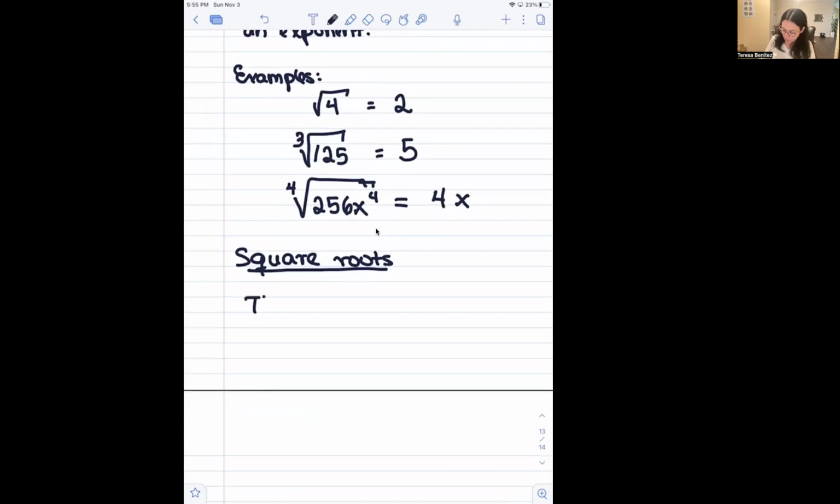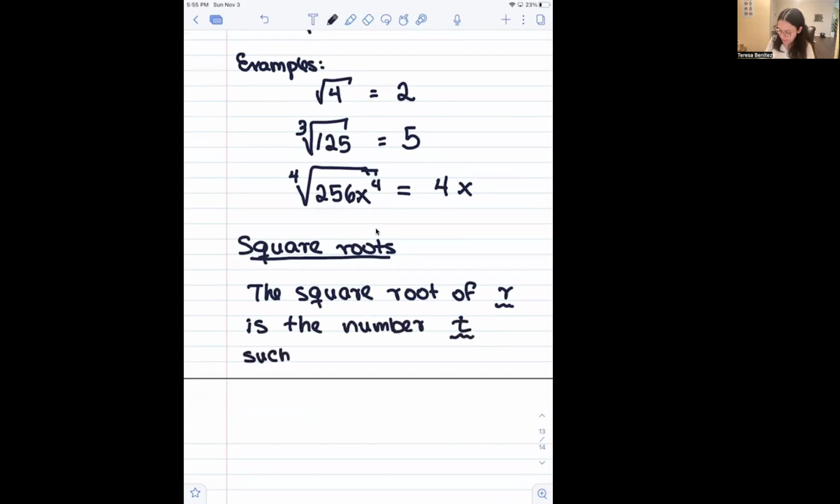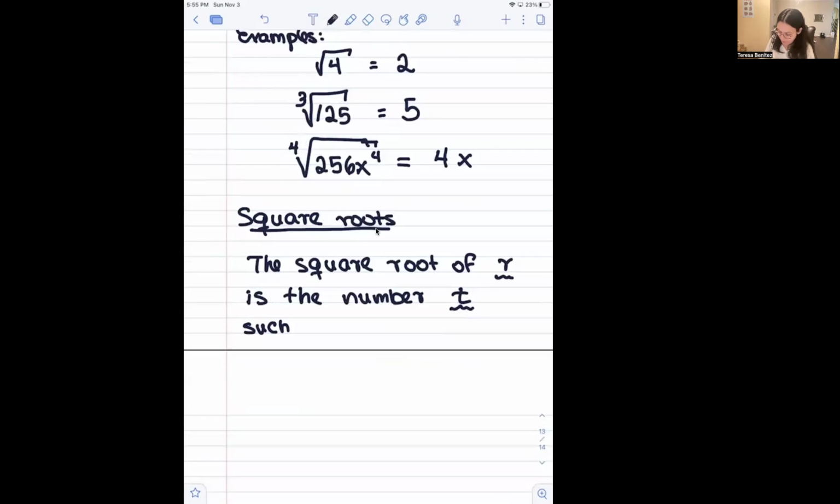The square root of a number r, let's call it r, is the number t, maybe it's easier with numbers instead of variables, such that t squared is equal to r.